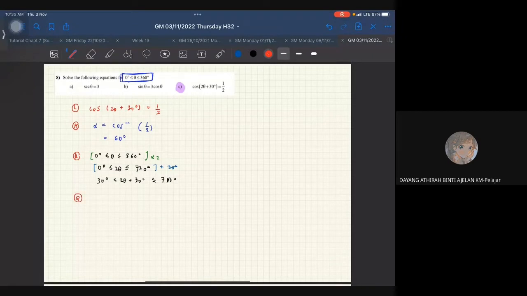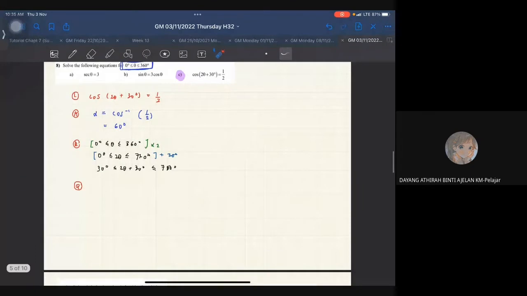Okay, so kalau ikutkan, bila awak tengok this range kan, berapa rotation yang awak kena buat? How many Cartesian plane yang awak kena lukis? 1 ke? 2 ke? 3 ke? Berapa? 2.